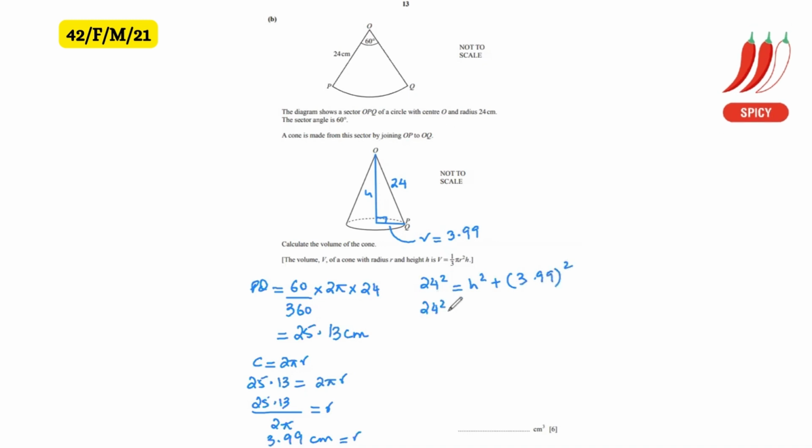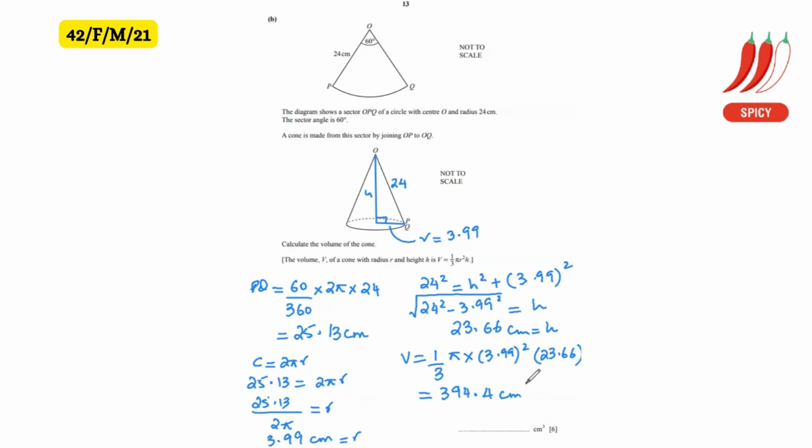So 24 squared minus 3.99 squared, square root, and that gives us the height, which is 23.66 centimeters. As you can see, we have the height, we have the radius, so volume would be 1/3 of pi times 3.99 squared times 23.66, and that gives us 394.4 centimeter cubed. That is the volume of the cone.